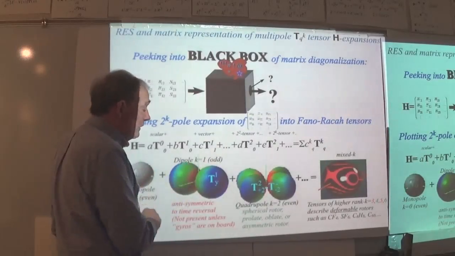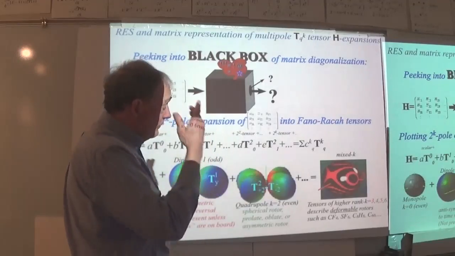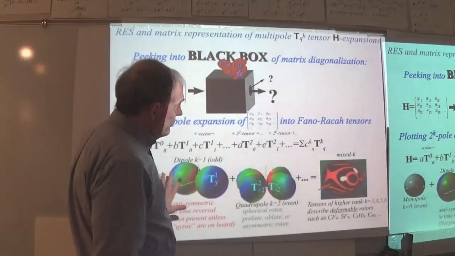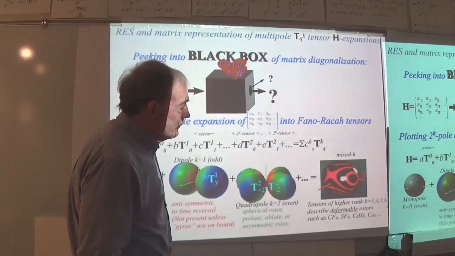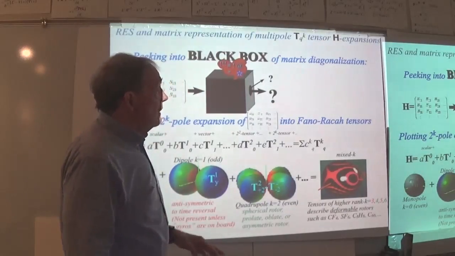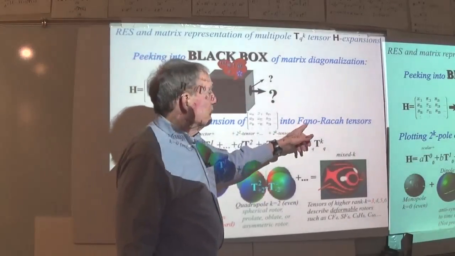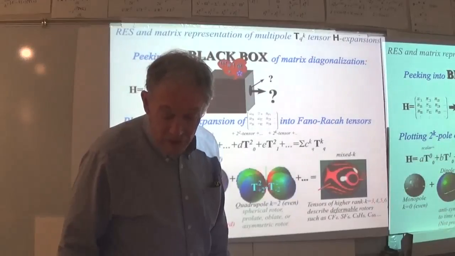You won't be using rank 1 in a molecular Hamiltonian of a molecule that's isolated and rotated. Anyway, mixing all these together makes some amazing looking surfaces, and the surfaces give you information about the spectra. So what we're after here is really understanding Fano, Racah, Wigner, a bunch of people. There's some Russians involved in that too.